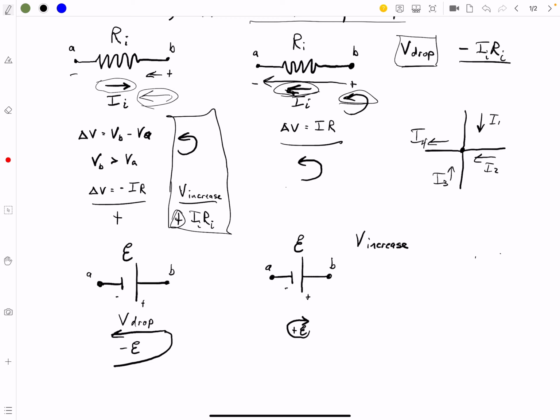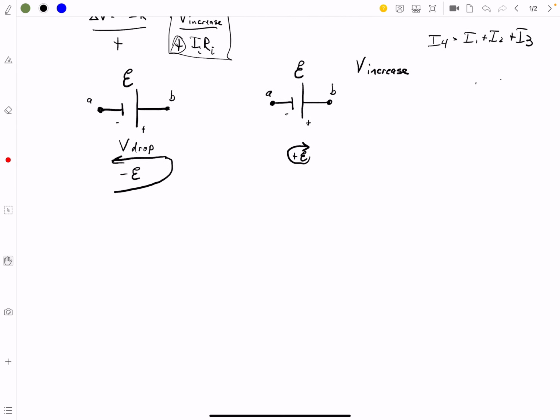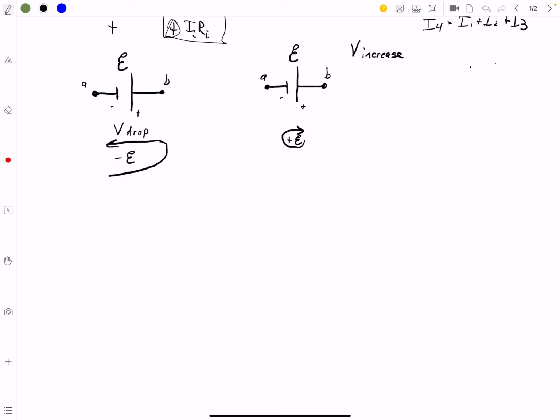Okay? And that's a totally valid thing. Then our junction rule would just be everything that's going into this point has to equal everything that's going out of this point. So I4 has to equal I1 plus I2 plus I3. Okay, that's the easy one of the two.